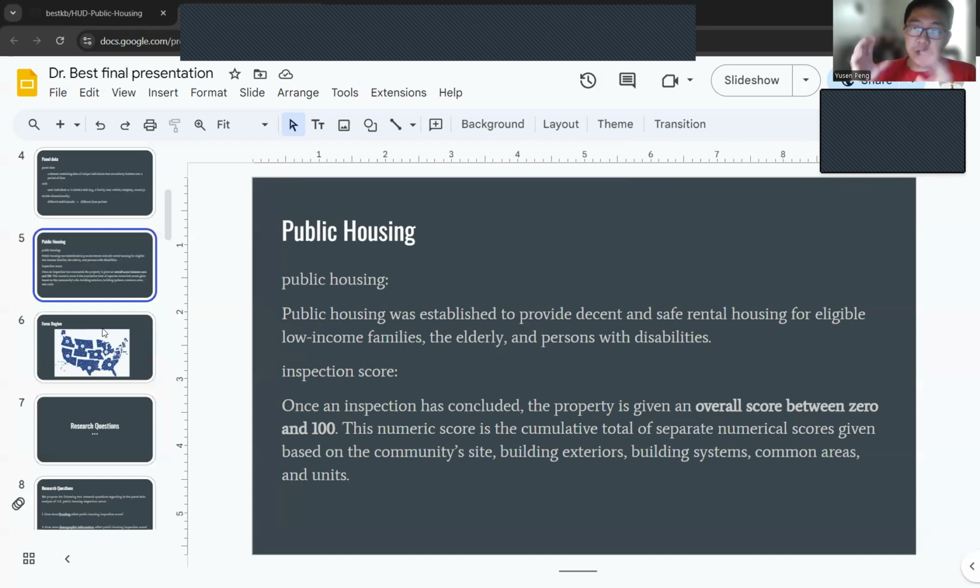The inspection score, I didn't dive into it on Wednesday, but here I'm going to explain a little bit more about it. The inspection score is a measure of the quality of the property in general, because the public housing we just mentioned is given an overall score.